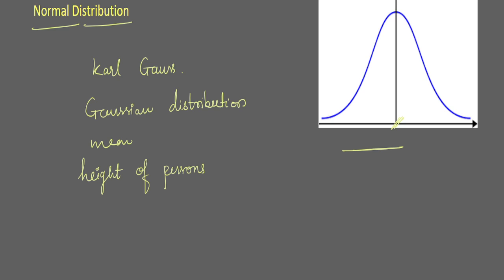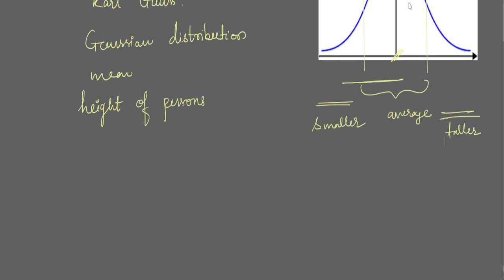If we consider the range, let's consider this is the height of average people, and very few are smaller in height and very few are taller, and it is almost equivalent. The smaller and taller people are almost equivalent. So this type of distribution is called a normal distribution.